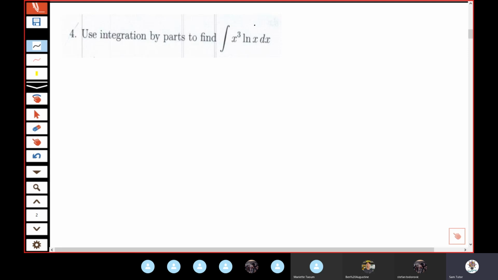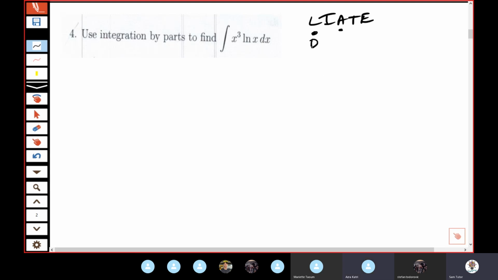Use integration by parts to find the integral of x cubed ln x dx. What's your acronym? LIATE. Yep. So obviously, you've got algebra and you've got log. Which one are you going to differentiate and which one are you going to integrate?